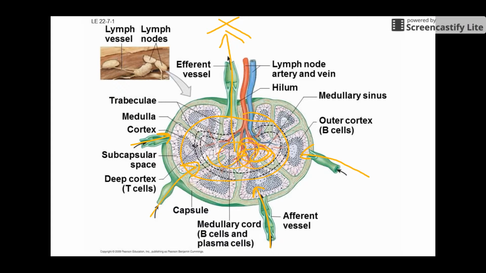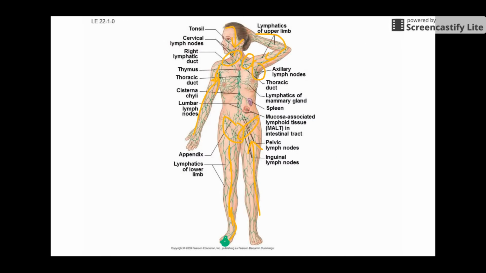Sometimes they filter out cancerous cells, and that's why you'll often hear about lymph nodes. You'll hear about women that have breast cancer. With the breast tissue, the stuff drains through little lymph nodes.